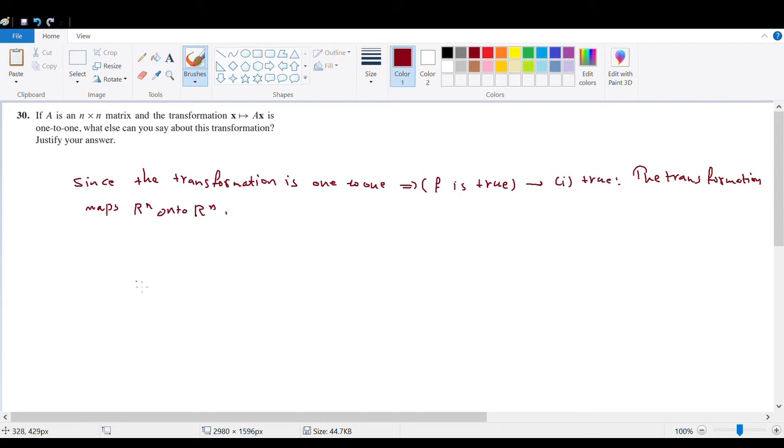Also, A will be invertible, and the transformation will also be invertible. All this information is from the invertible matrix theorem.